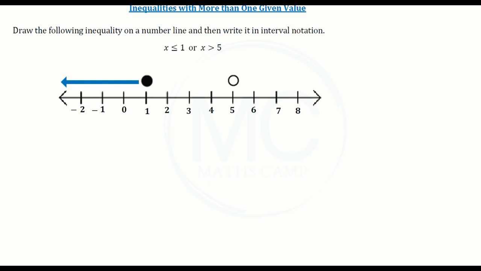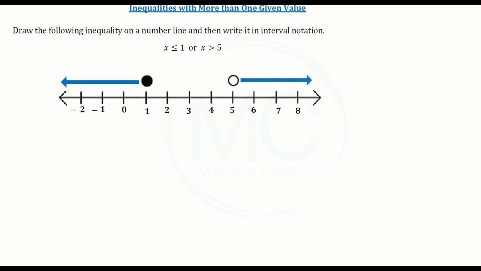X is greater than 5, so we draw our line to the right of 5. X includes every value greater than 5, so this line also goes on forever. So once again, we need to draw an arrow. In this case, x can be anything smaller than or equal to 1 or anything greater than 5.